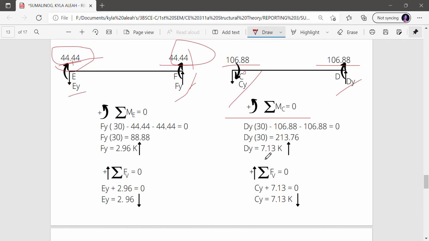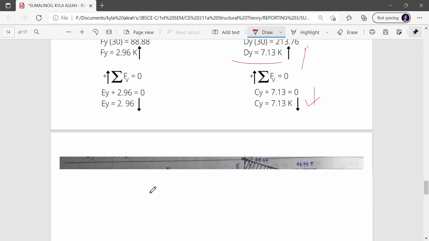So Dy will be 7.13 kips upward, it is positive. Solving for the summation of vertical forces present on that member, Cy plus 7.13, which is the Dy, is equal to 0. Cy will be 7.13 kips looking downwards, and it is negative.